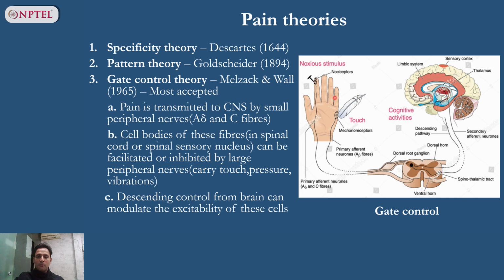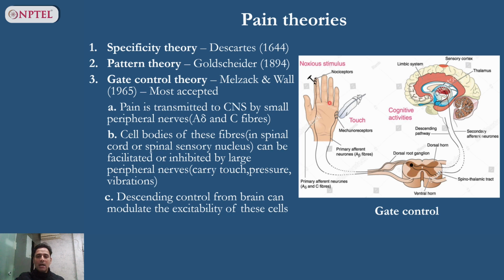The pain is carried by the smaller diameter fibers like A delta and C fibers, and touch, vibration and pressure are carried by A beta, which is of thicker diameter. This also runs close to the dorsal horn, but it does not relay in the dorsal horn; rather, it goes straight up to the higher center for perception of these sensations, that is pressure, vibration, etc.